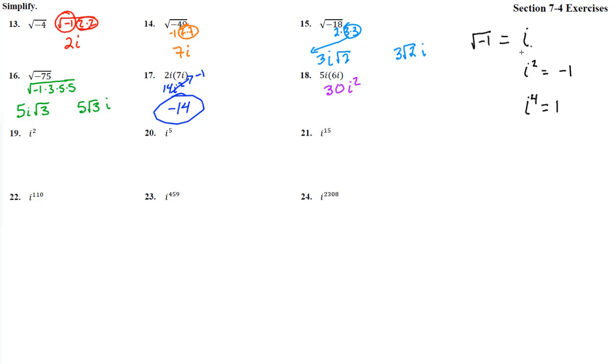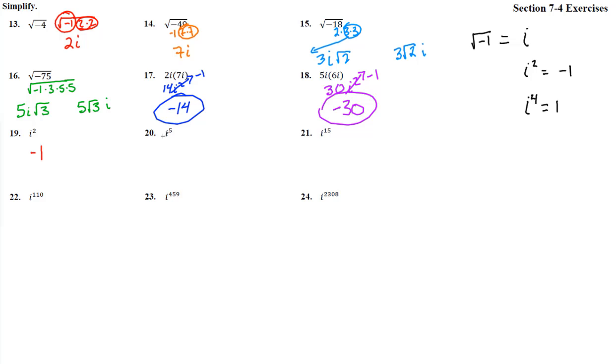You'll never have i to any power bigger than 1 because i squared is -1. 30 times -1 is -30. Good. Okay, number 19. i squared. Well, it's right there. i squared is -1. Good.